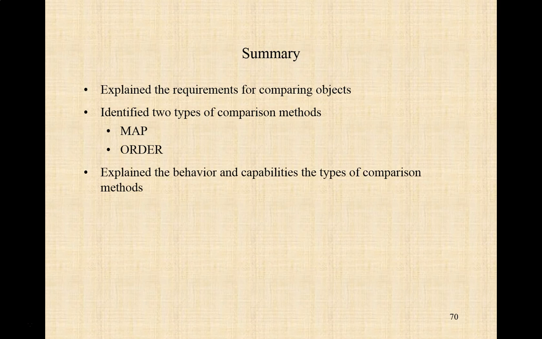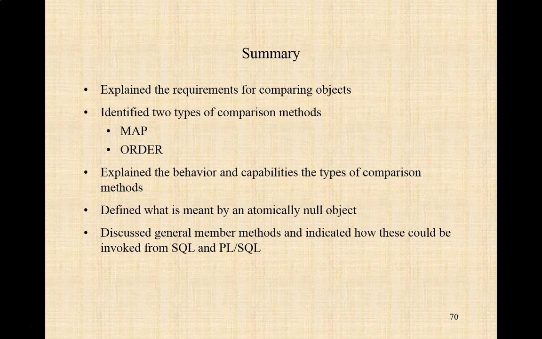We explained the behavior and capabilities for the types of comparison methods. We defined what is meant by an atomically null object. And we discussed general member methods, indicating how these could be invoked from SQL and PL/SQL.